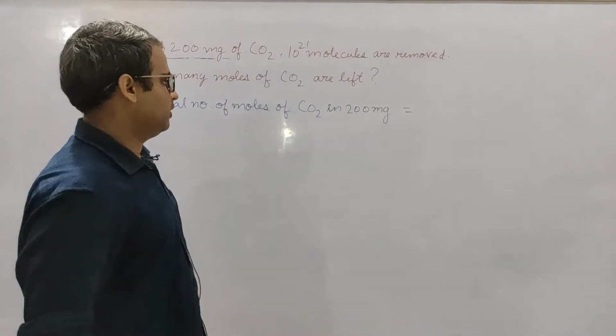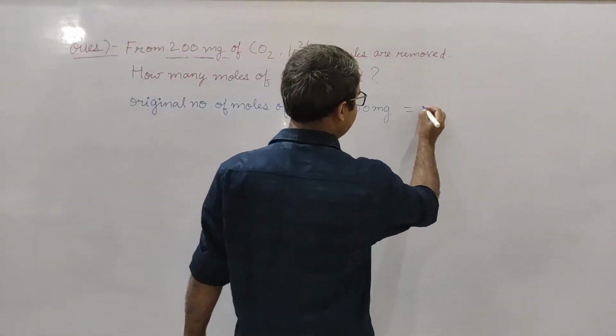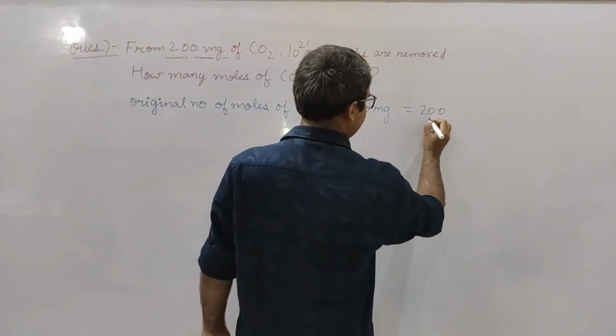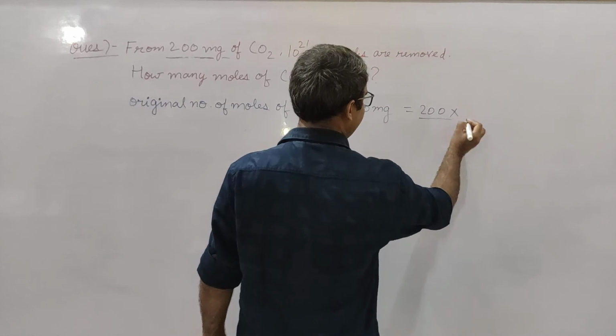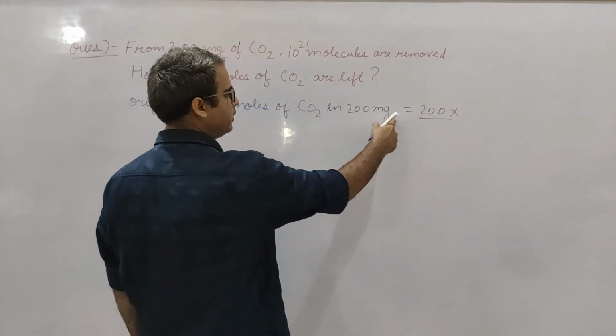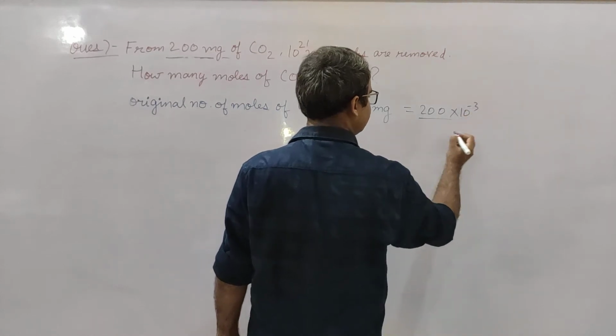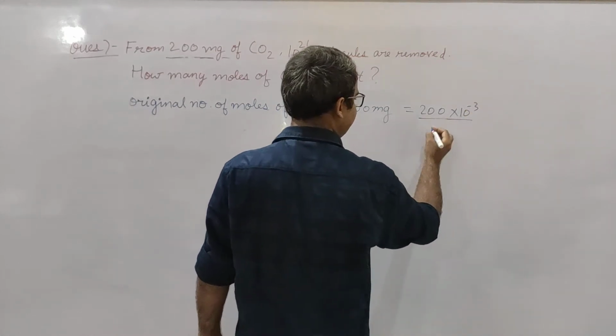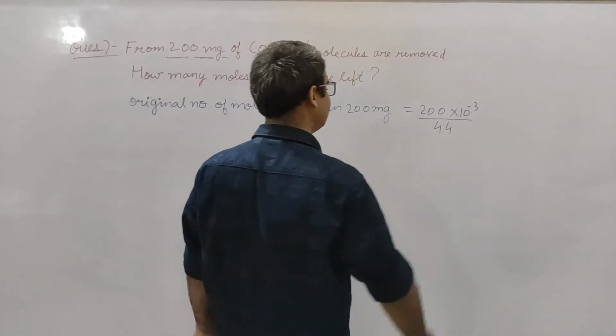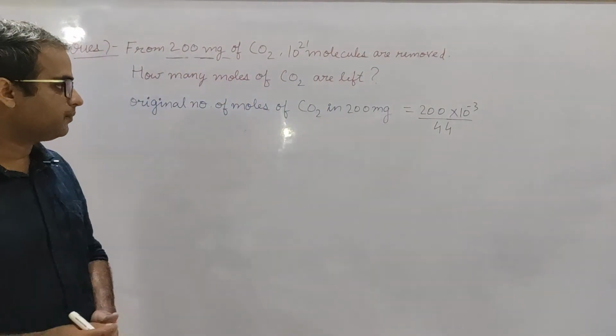Mass is given, we have to calculate moles. So the formula is given mass divided by molar mass. Here it is in mg, so you have to convert to grams, so multiply by 10 to the power minus 3. The molar mass for CO2 is 44.